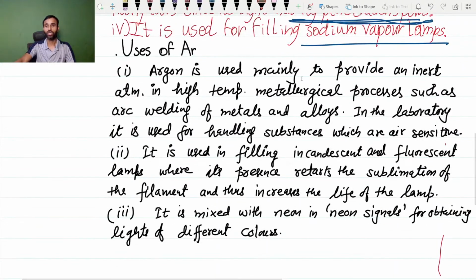Argon. Argon is used mainly to provide an inert atmosphere in high temperature metallurgical processes such as arc welding of metals and alloys.